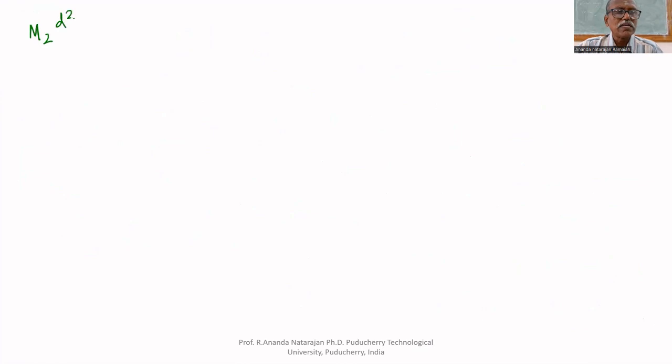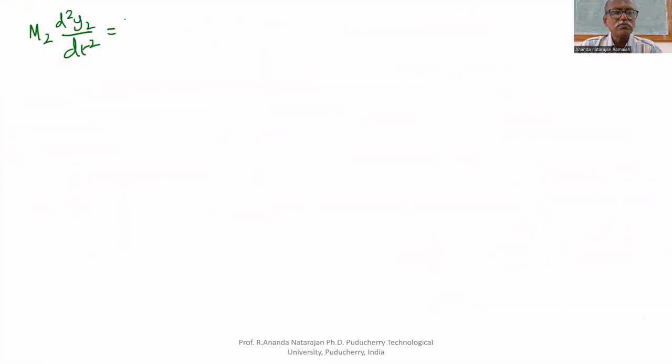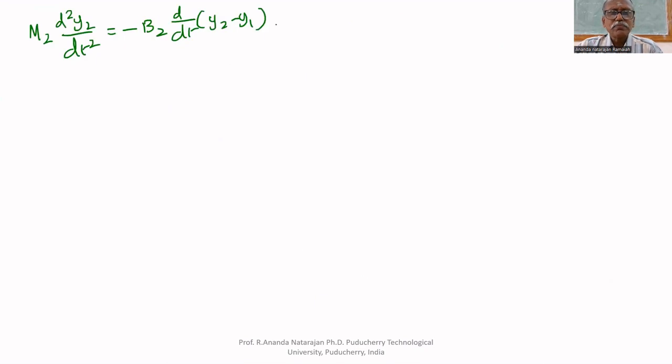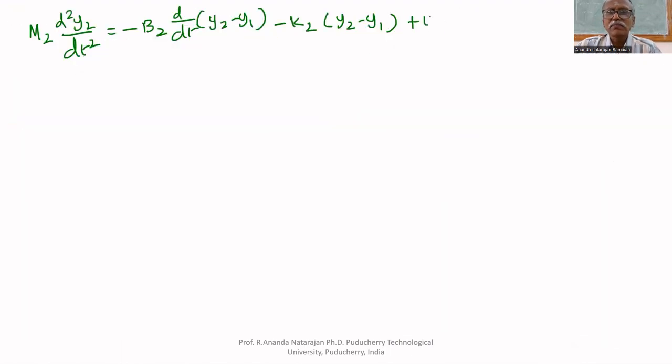M2 d square y2 by dt square equal to minus b2 d by dt of y2 minus y1, minus k2 y2 minus y1, plus u of t.